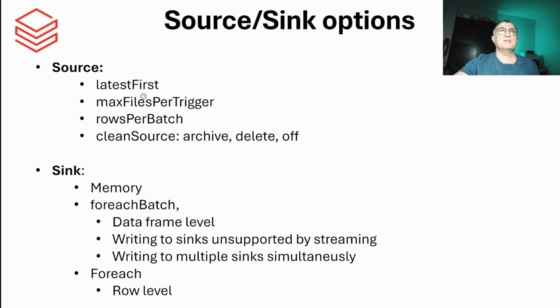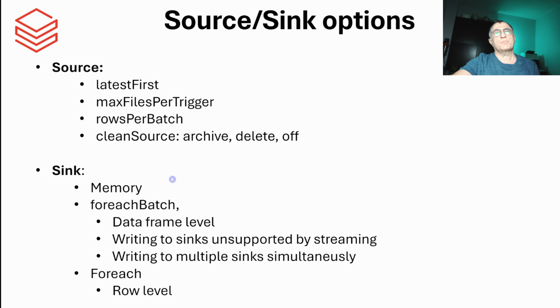So you can use the latest first option, which is useful for file-based inputs. By default, if you have many different files in your streaming folder, it will start with the files which have the earliest timestamp. However, you can change that behavior by specifying the latest first option, which I'm going to demonstrate shortly.